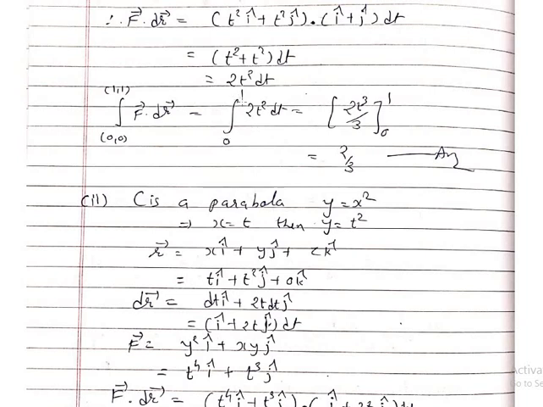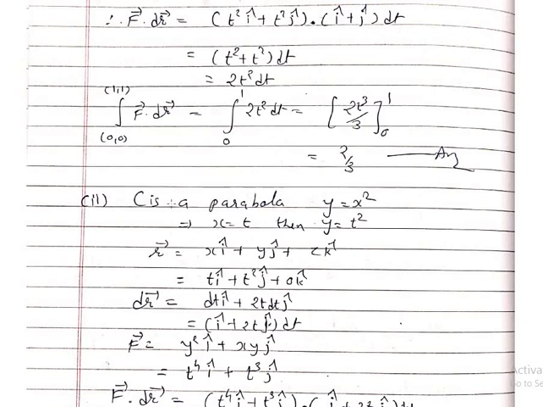We find the limit of t according to the limits of x or y and whatever relation we have between x, y and t. So here the limit is 0 to 1. f dot dr will be 2t square dt. Integrating it, t square has integration t cube by 3, and putting the limits, we have the answer 2 by 3.